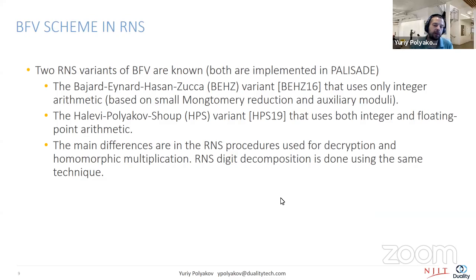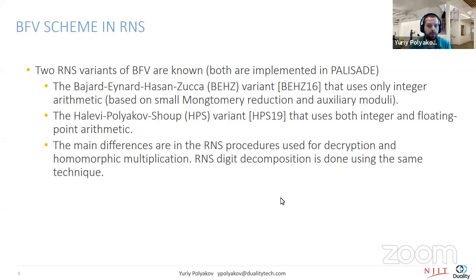So to address these concerns, two RNS variants of BFV have been proposed and actually implemented. The optimized versions of both of these are currently implemented in PALISADE. The first one is the BEHZ variant that is based only on integer arithmetic, and internally it uses small Montgomery reduction and some auxiliary moduli.